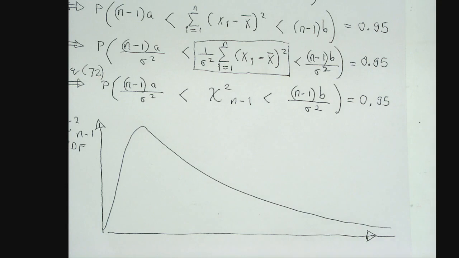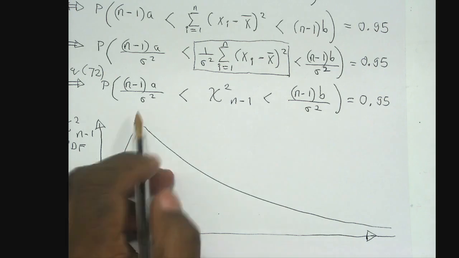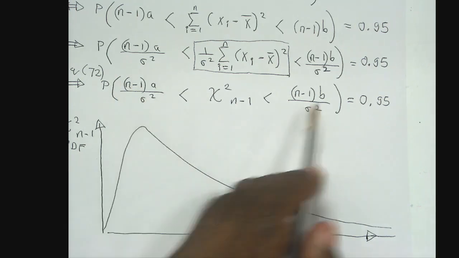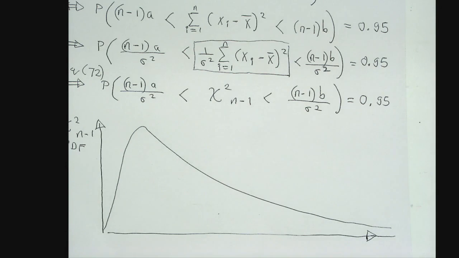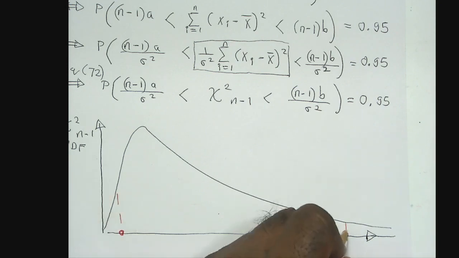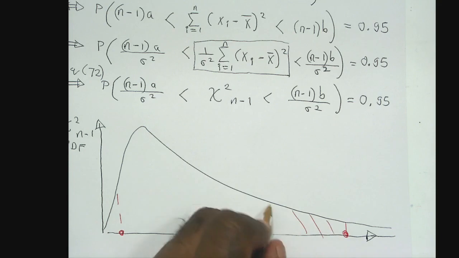This is the typical shape of the PDF or the density function of the chi-square distribution. Now what we are looking at is 2 points, this point and this point, so that the area between them is equal to 95%.